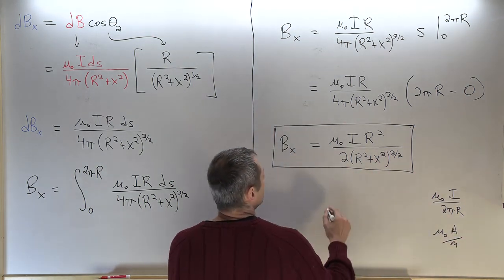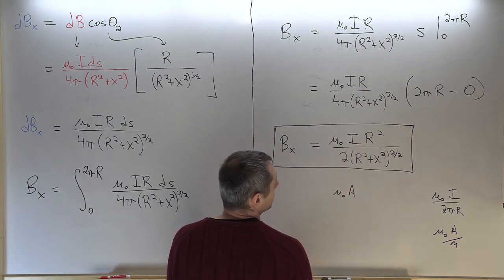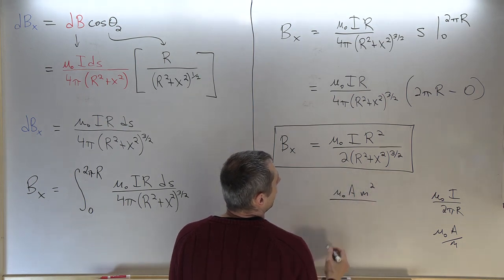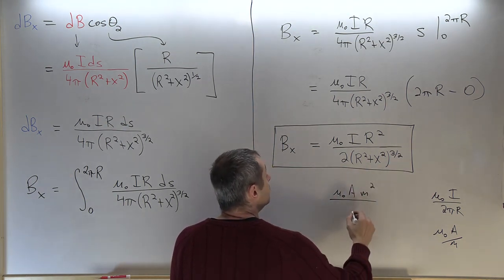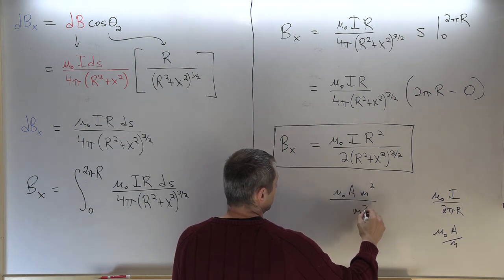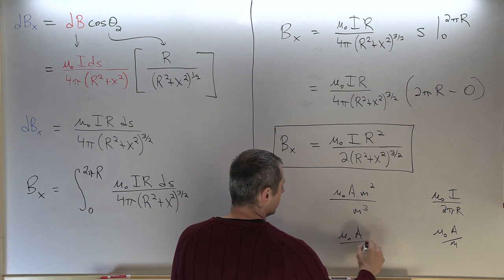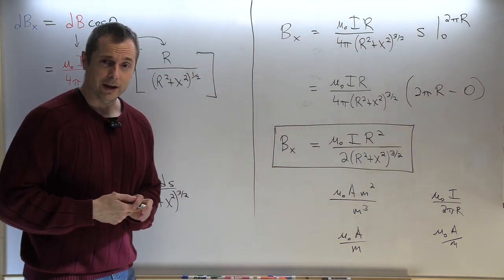Is that what we have here? Well, we have our mu 0 in amps from the mu 0 I. Then we've got meters squared in the top. And in the bottom, we've got meters squared to the 3/2 power, which gives us meters cubed, which simplifies to mu 0 amps over meters. So the form of the formula looks correct.